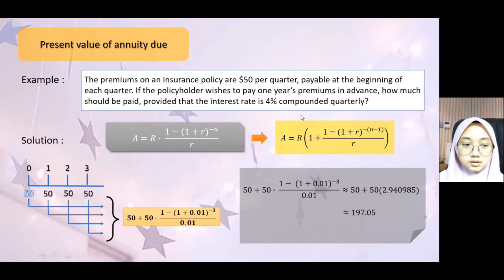And why is it not included in the formula? Because there is no interest at the first payment in the 0 period of time.